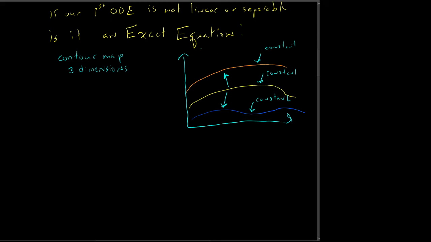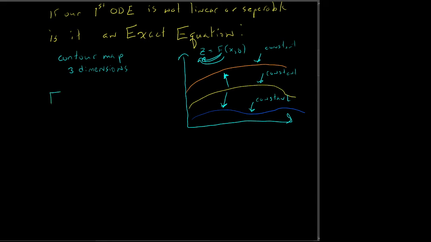So we could think of z as being the value of the constant, and some function of x and y always gives you the same z value. And so we're going to use this fact that we have things on a contour.